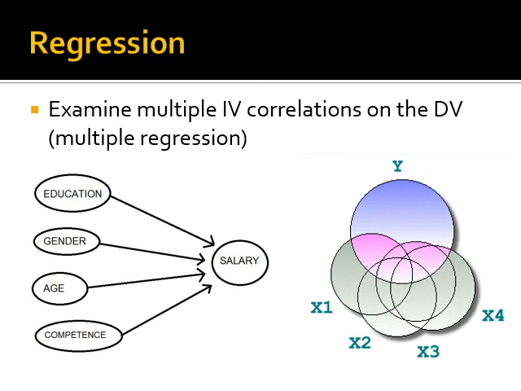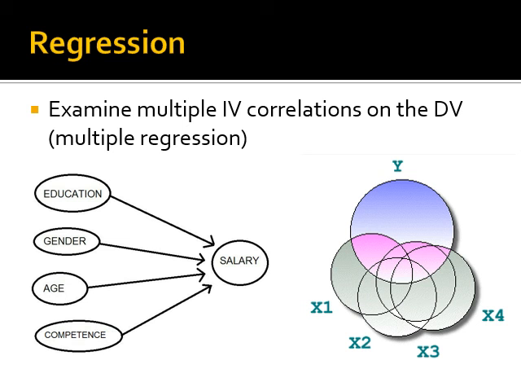So in addition to looking at nonlinear relationships, and in addition to looking at probabilities, we can also use regression to examine multiple independent variable correlations on the dependent variable, known as multiple regression.